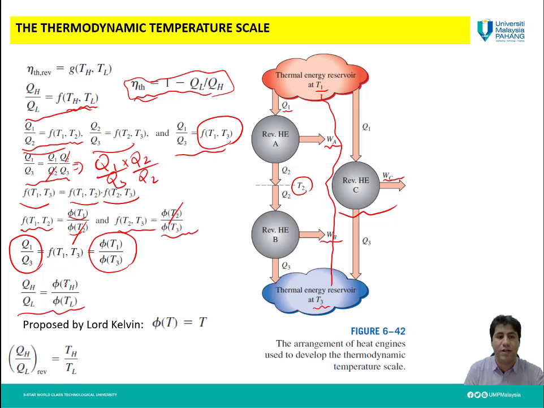But we cannot write TH and TL directly because they are in a function which is an arbitrary function. So we can have this equality, but we need to find this function.